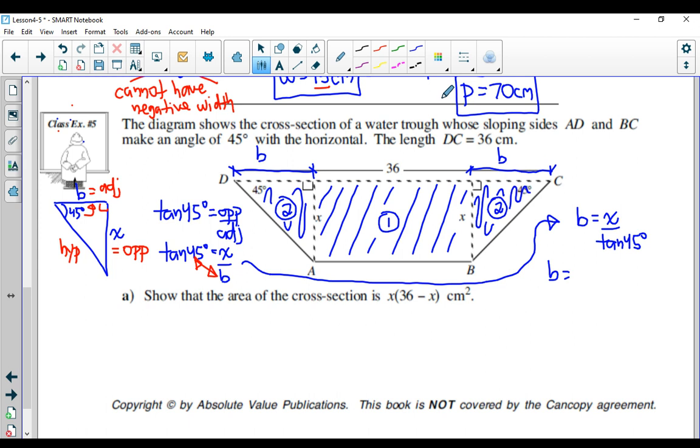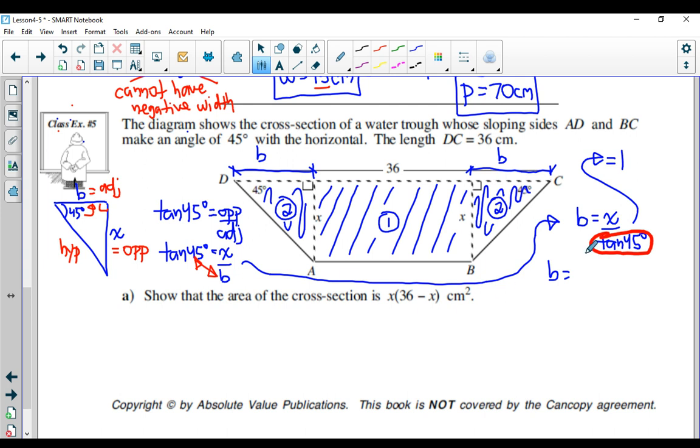Now, it turns out that tan of 45 degrees, if you plug that into your calculator, is equal to 1. You do need your calculator to be in degrees mode for this to work, so you may have to click the mode button and switch the angle from radians to degrees.